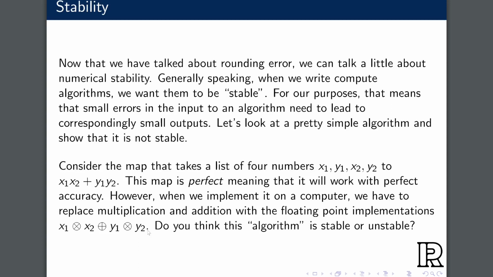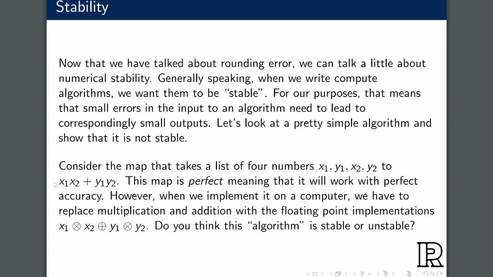It takes in four numbers: x1, y1, x2, y2, and it maps those four numbers to this value right here, x1 x2 plus y1 y2. Again, this map is perfect. We're assuming that it has perfect accuracy. It's just using real number multiplication. We don't have to worry about any of the floating point consequences.